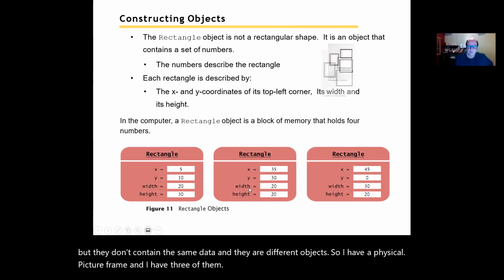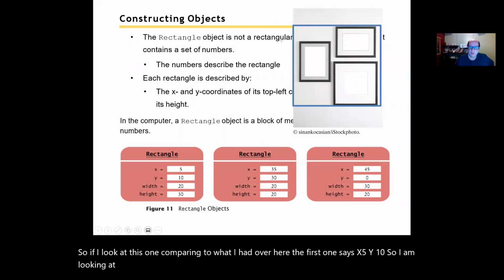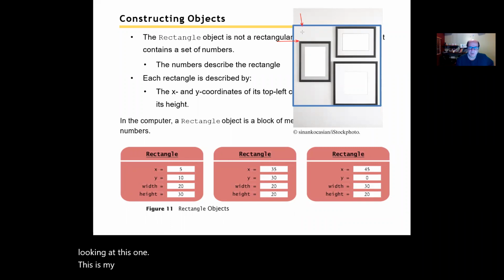So if I look at this one, comparing to what I had over here, the first one says X5, Y10. So I am looking at this one. This is my X5, and this is my Y10. And the width is 20, and the length is 30.